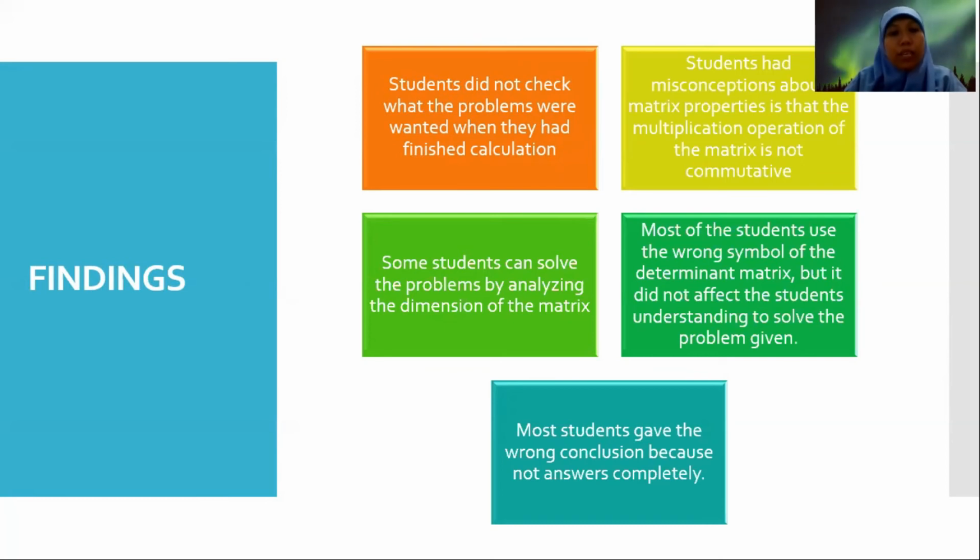Most students gave the wrong conclusion because they did not answer completely. This finding is an effect of the first finding, that students just conclude when they have finished calculating.